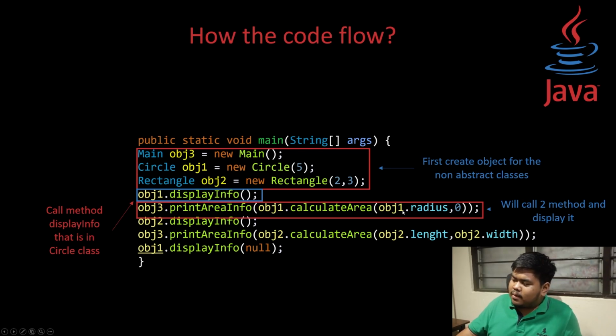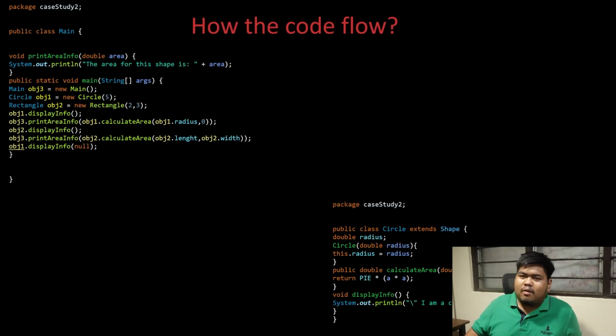And obj1.radius and 0 is in the circle class. Because the circle class only needs radius to calculate, but because we are using an abstract method, we have to do it with two parameters. So how does the code flow again?